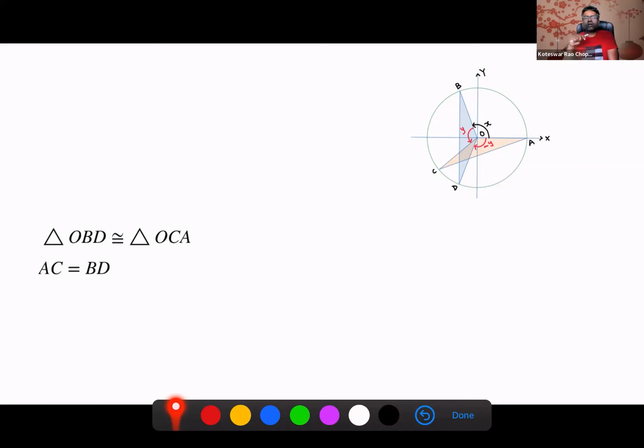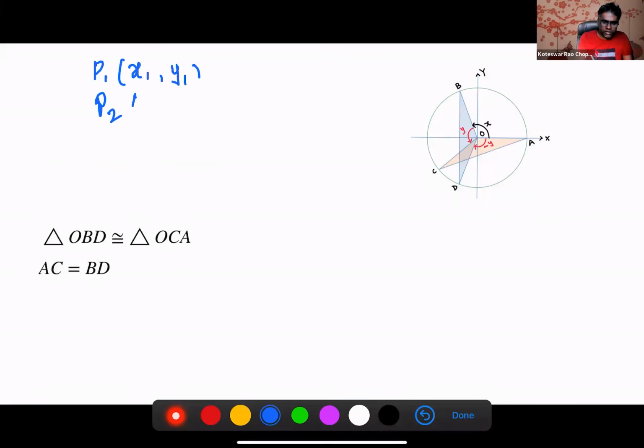Did you learn in your coordinate geometry in 10th class, I think you all know, that if you have 2 points, let's say there is a point P1, its x coordinate is x1 and y coordinate is y1, and there is another point P2, its x coordinate is x2 and y coordinate is y2.